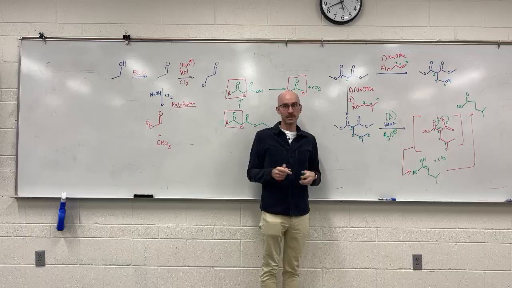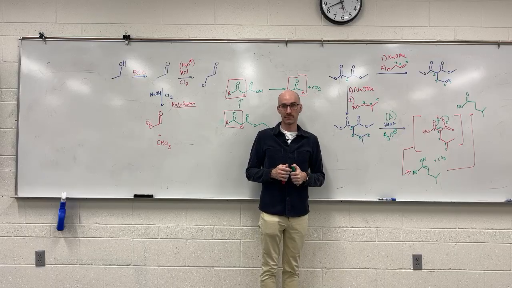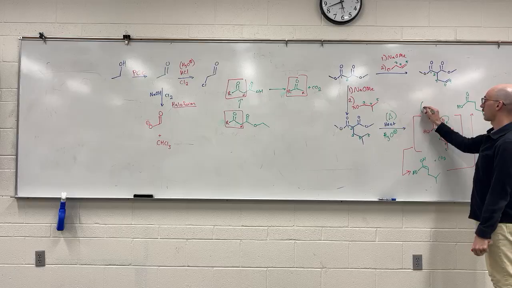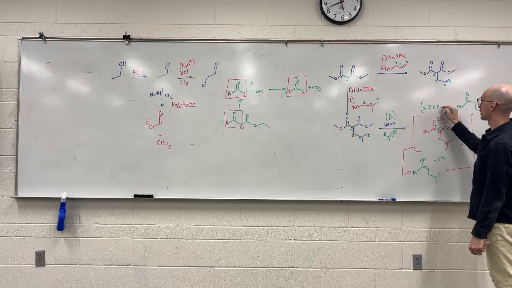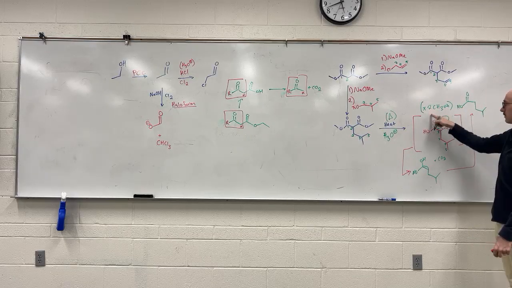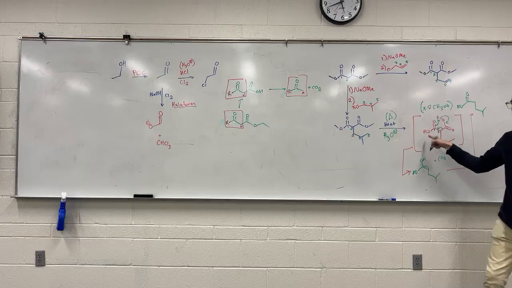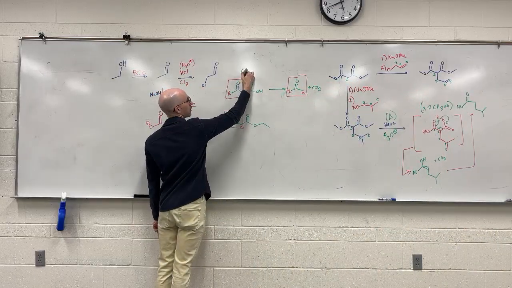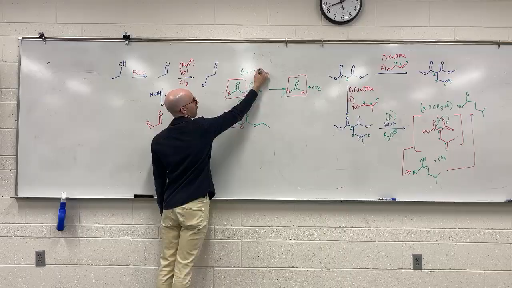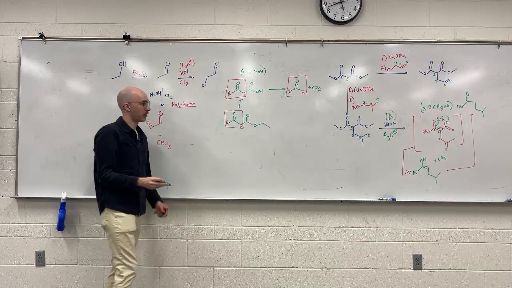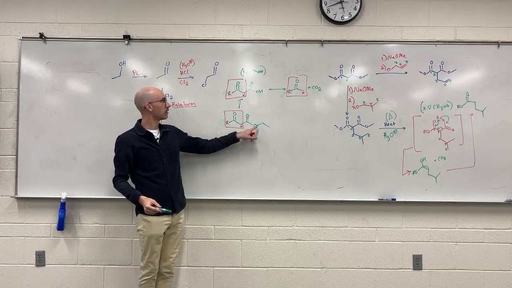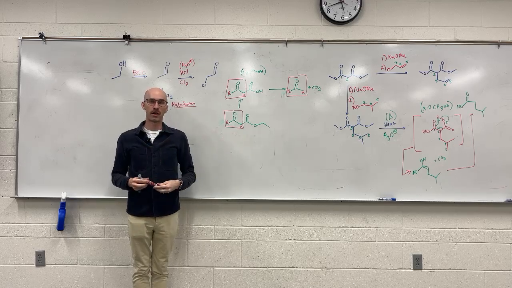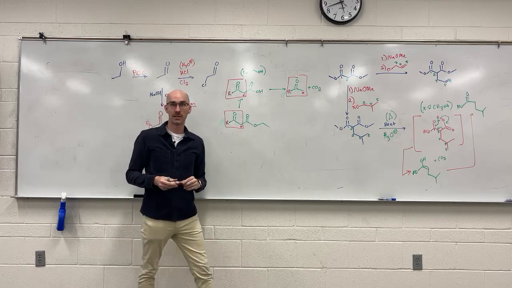So the alcohol is not what I'm interested in. If it helps, I can show you that we have two equivalences of methanol here as a byproduct of the hydrolysis. What about up here? What is my byproduct? One equivalence of ethanol. I hydrolyzed my ester. I have a byproduct of alcohol. Great question.